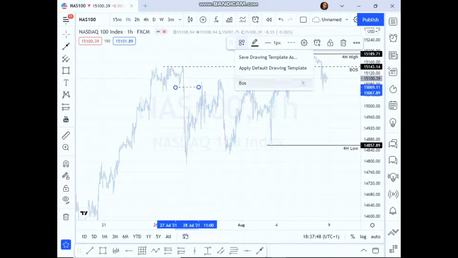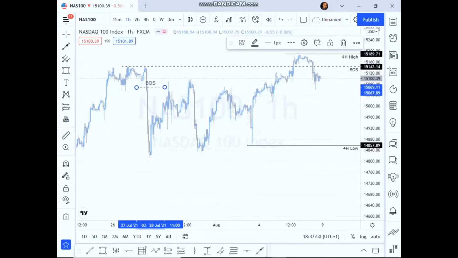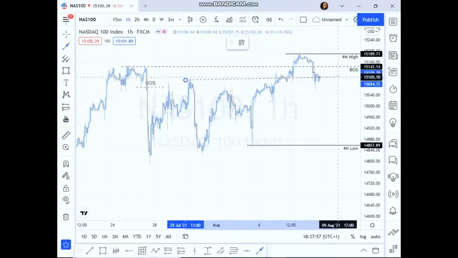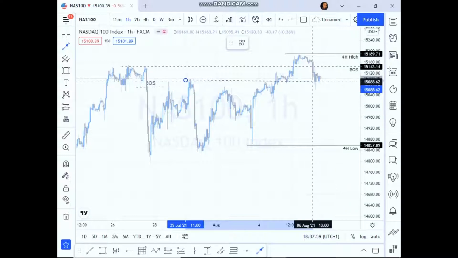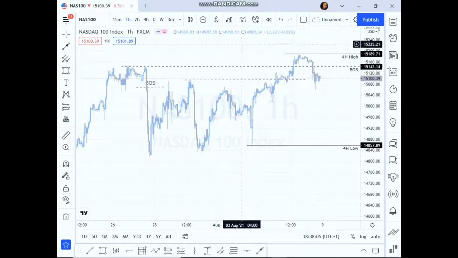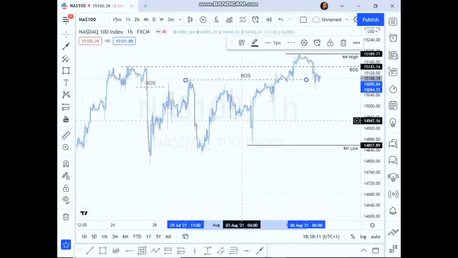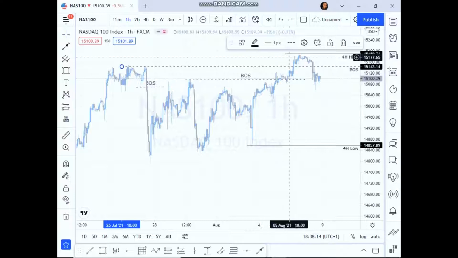Had a break of structure there, and then we also had this break of structure, which when I dropped down to the 15 minute, is where I got my order block from. This is where I got my OB from. Let me just mark that out as a break of structure. Also have this break of structure, but I don't think you can see it clearly.